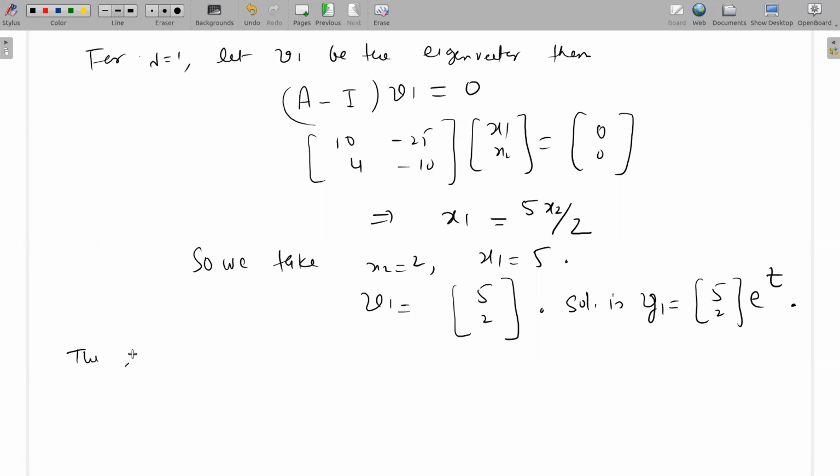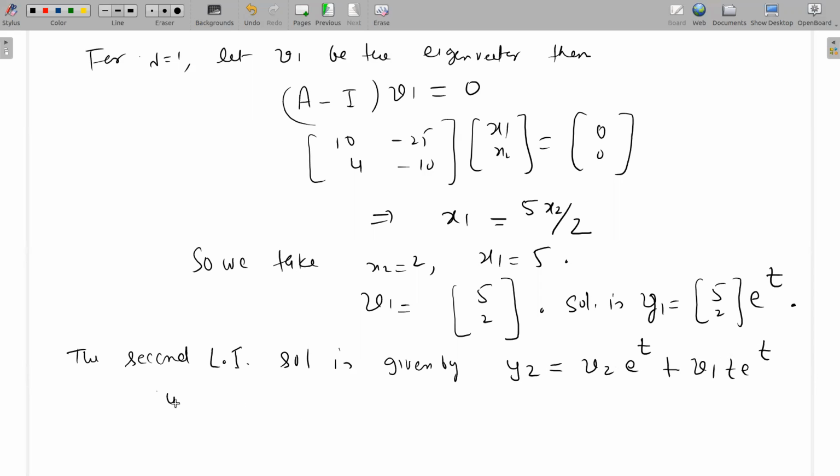The second solution, or precisely the second linearly independent solution, is given by, पहले आप सॉल्यूशन लिख दिया करो. ठीक है. y2 equal to v2 e power t plus v1 t e power t, where (A minus lambda I) v2 equal to v1. ठीक है. So to find the second eigenvector, you need to solve this non-homogeneous system.